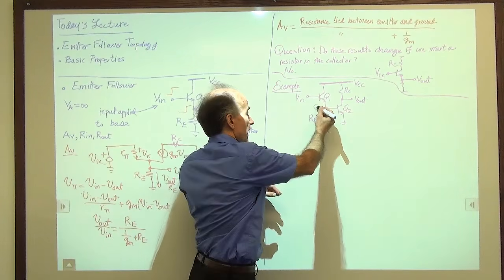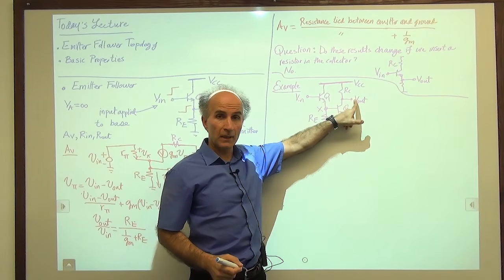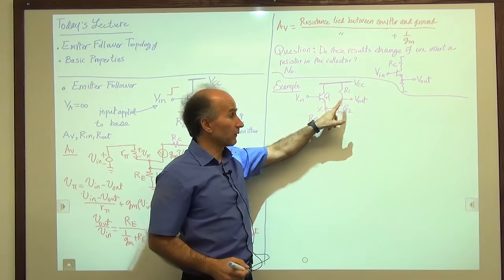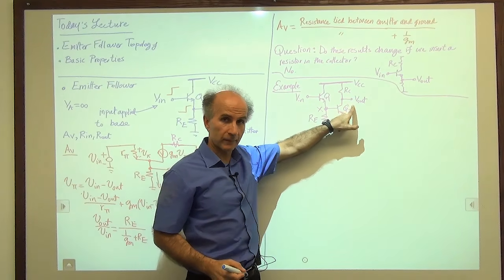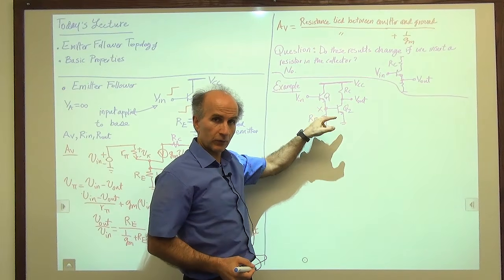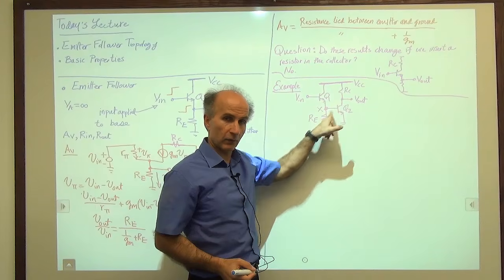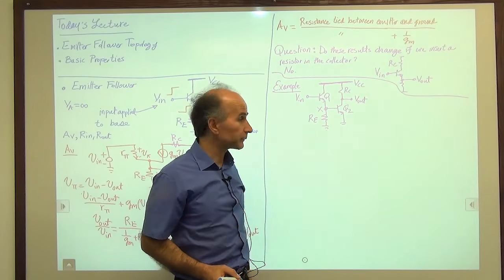If I call this node X, I observe that the voltage gain from here to here is equal to that from here to here multiplied by that from here to here. In other words, V out over V in is equal to Vx over V in times V out over Vx. So let's calculate these quickly and then multiply them.